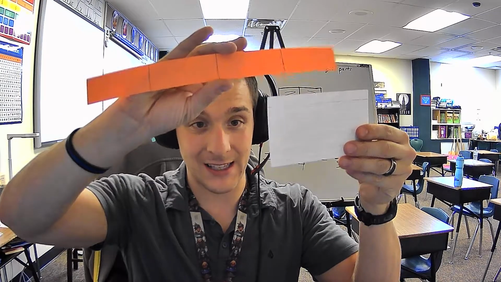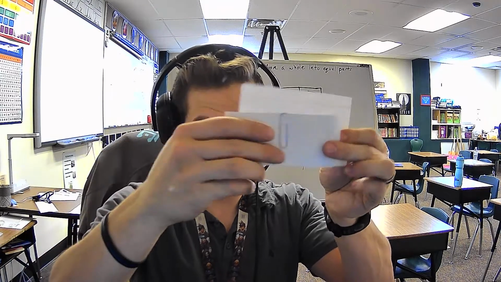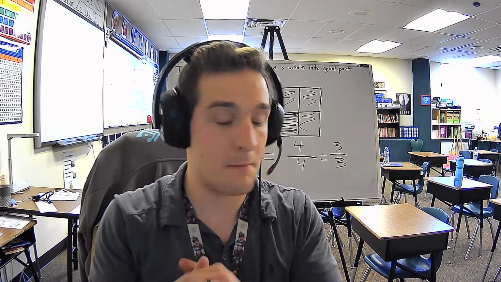They're different sizes. They wouldn't work. I'm not going to compare that to this piece of paper right here, because they're not the same size. In order to compare these things accordingly, you must have the wholes be the same size. Once again, if you're dealing with pizzas, if I have a 12-inch pizza, all of my other pizzas have to be 12-inch. I don't have a 12 and an 8-inch. They are all 12 inches.